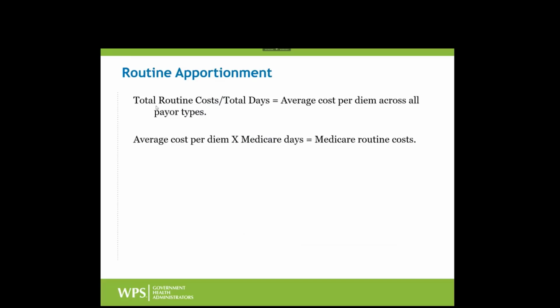So the relationship now is total routine costs to total days. Divide them by total days to get an average cost per day for that particular cost center. And then we use that cost per day to multiply by the Medicare days that you've billed for to find out how much of that cost is Medicare.